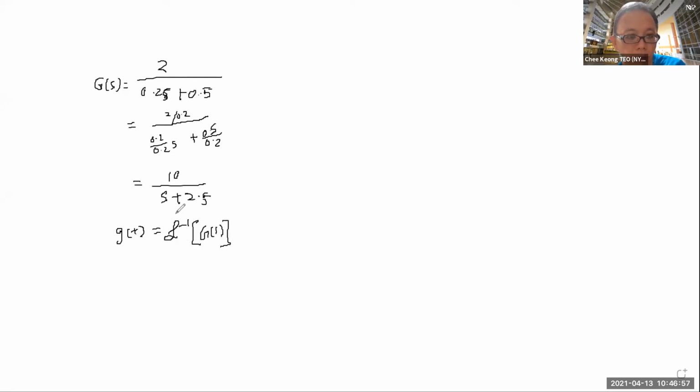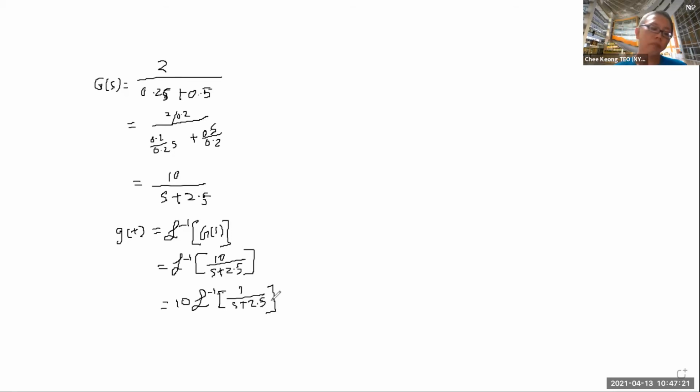So you take the Laplace inverse of G of S. You basically do the Laplace inverse for 10 over S plus 2.5. Now 10 is a constant, so we can take it out of the expression. So basically, you are looking at the Laplace inverse of 1 over S plus 2.5. Now we need to do a Laplace inverse for this form.